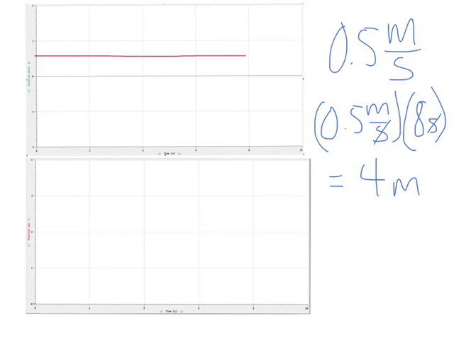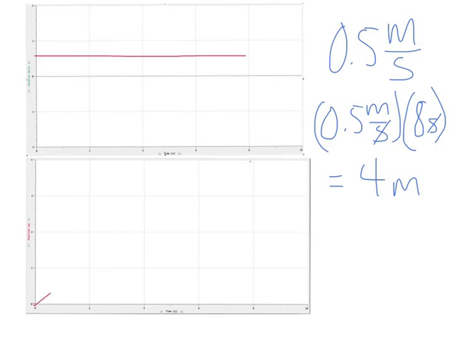So if you only go half a meter every second, it's going to take you 2 seconds to go 1 meter. So every 2 seconds I'll go 1 meter. So if I'm traveling for 8 total seconds, I'm going to get to 4 meters. So what I'm going to do here is look up, here's 8 seconds, and here's 4 meters. So I'm actually going to get there.